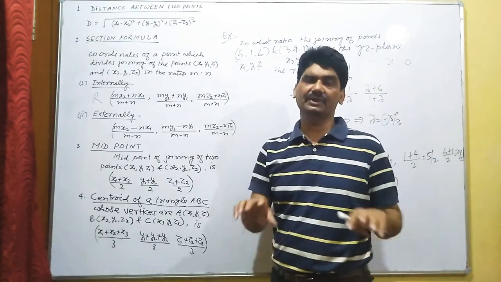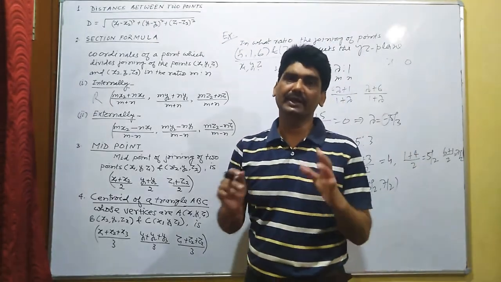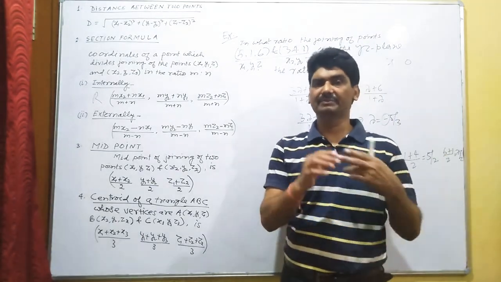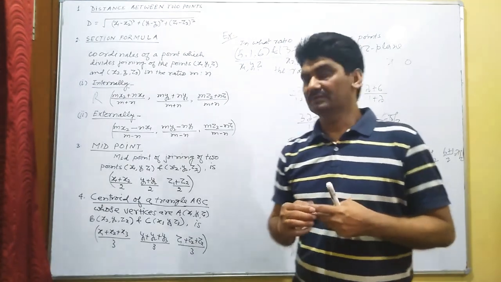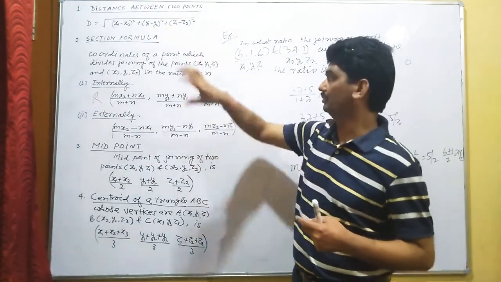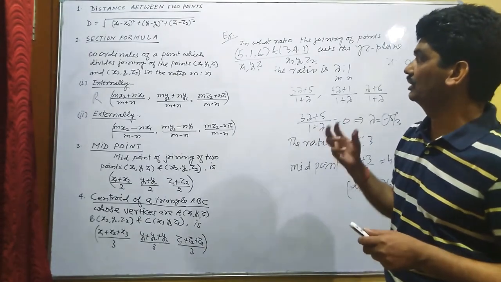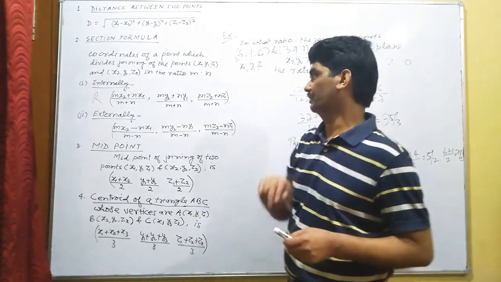Similarly, in the case of a 4-sided figure, that is a quadrilateral. In general we call it a quadrilateral; in particular cases it will be a rhombus, parallelogram or square. So we can identify the nature of the figure by using the distance formula.